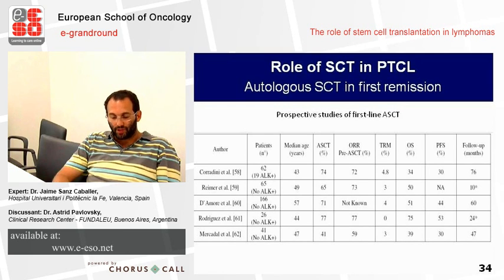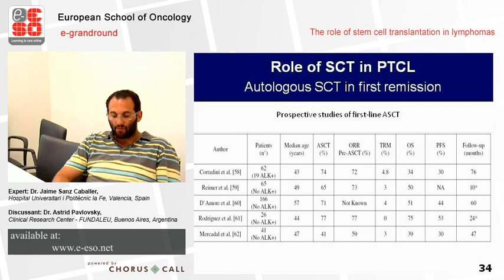Those who are able to proceed to transplant have outcomes similar to those seen after frontline therapy for B-cell lymphomas. With modern conditioning regimens, autologous transplant is safe, with treatment-related mortalities below 5%.